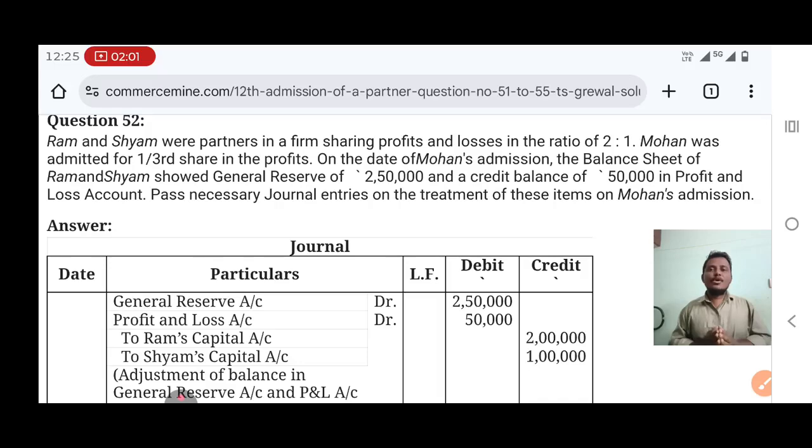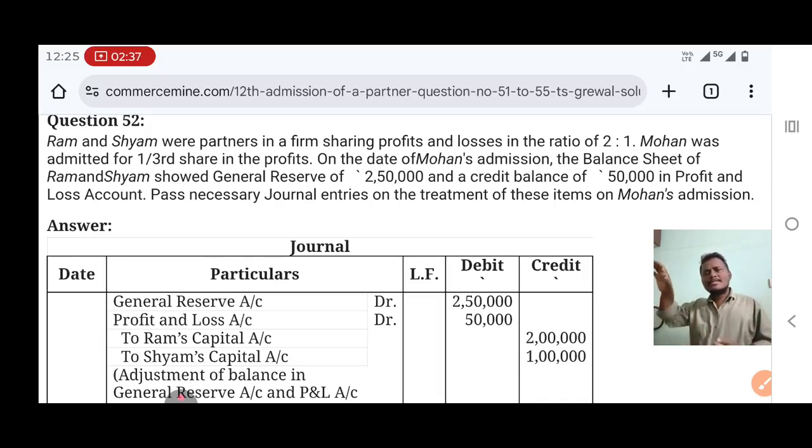This is a very important concept: the liability side items of the balance sheet you will have to record in the credit side of the capital account. I am repeating this once again. Please listen. Many people know this and many people don't know this. Those who know, I'm very happy, and those who don't know this, please listen very carefully.